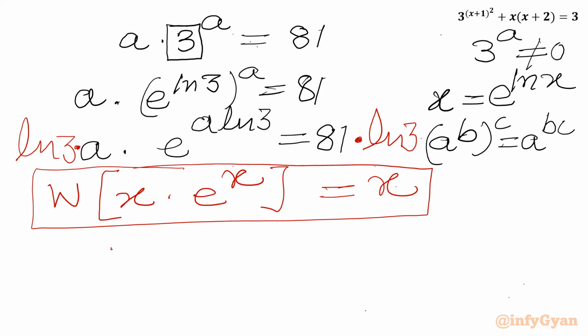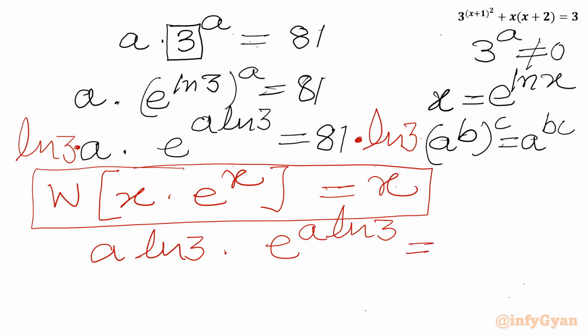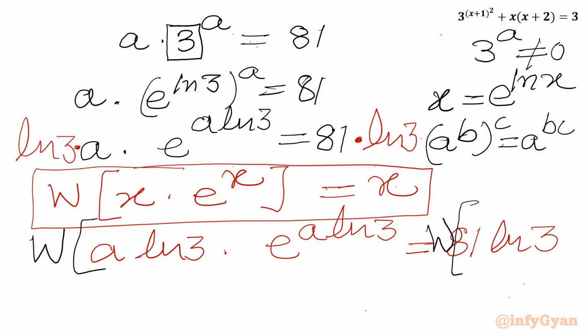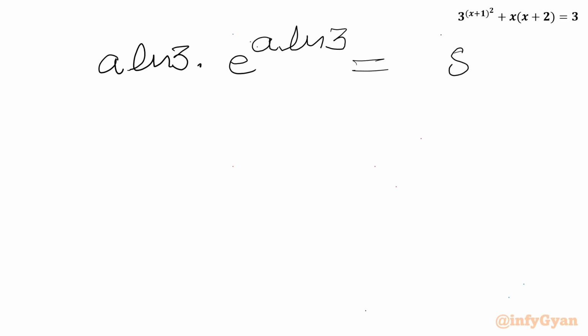So I can write a ln 3 times e raised to the power a ln 3 equal to 81 ln 3. Now I will take the Lambert W function on both sides.